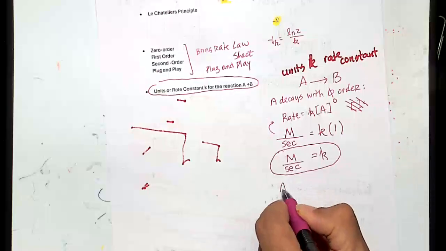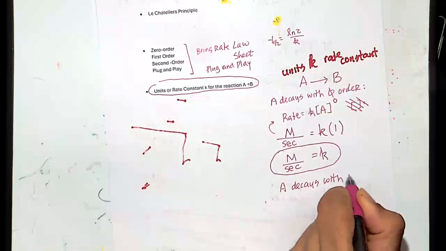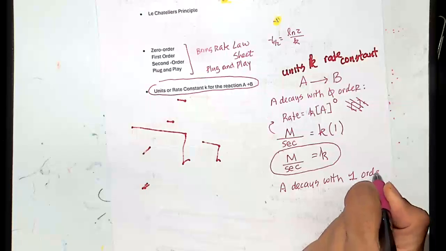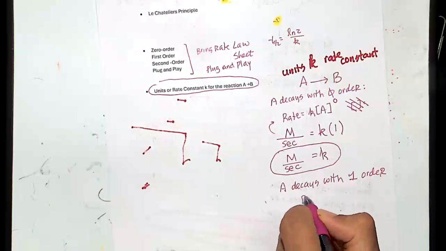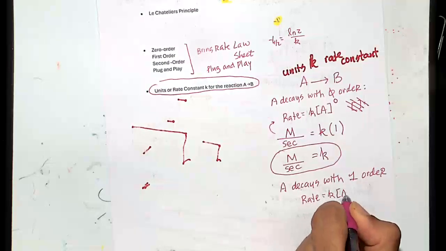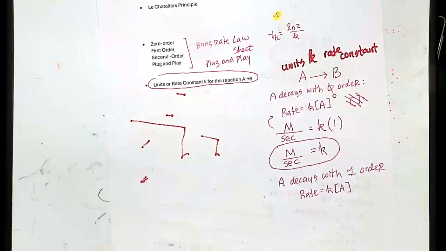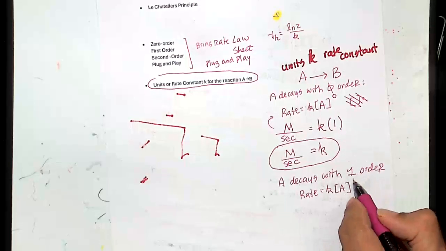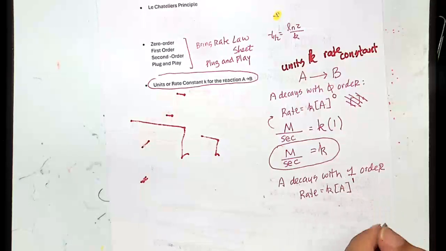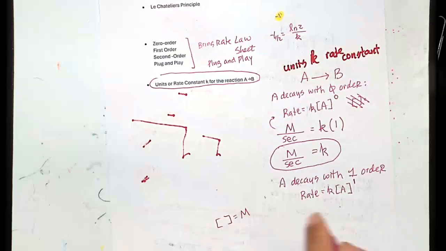Okay, let's say A decays with first order. Now the exponent on A is 1. What are the units of concentration?